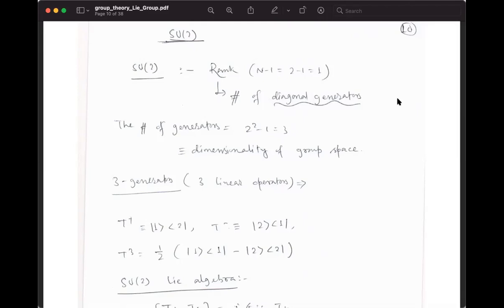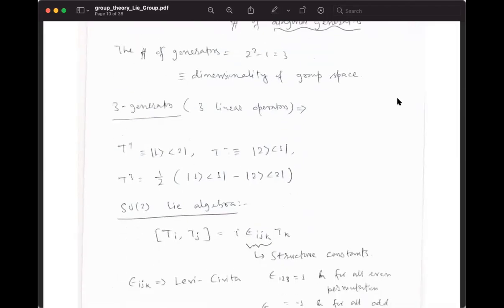So now we know those Pauli spin matrices sigma 1, sigma 2, sigma 3. They are also these generators. But that's not the unique way to represent the matrix form of the generators. One can write down the generators, which are basically three linear operators, like here T plus, T minus, and T3, where you can think of 1 and 2 as the orthogonal basis.